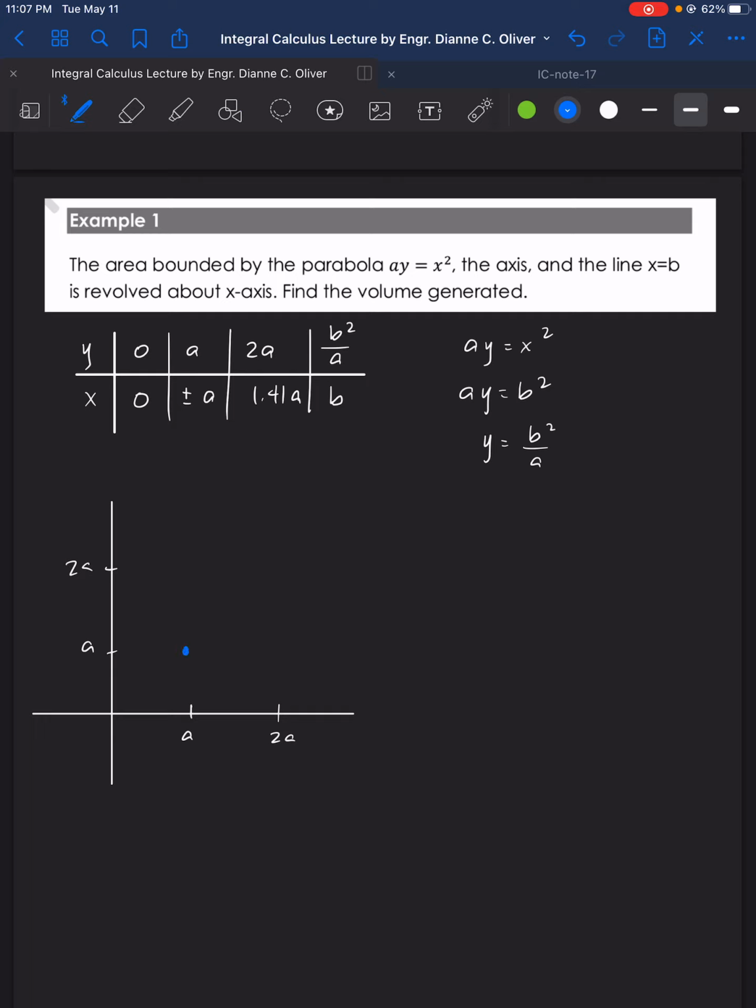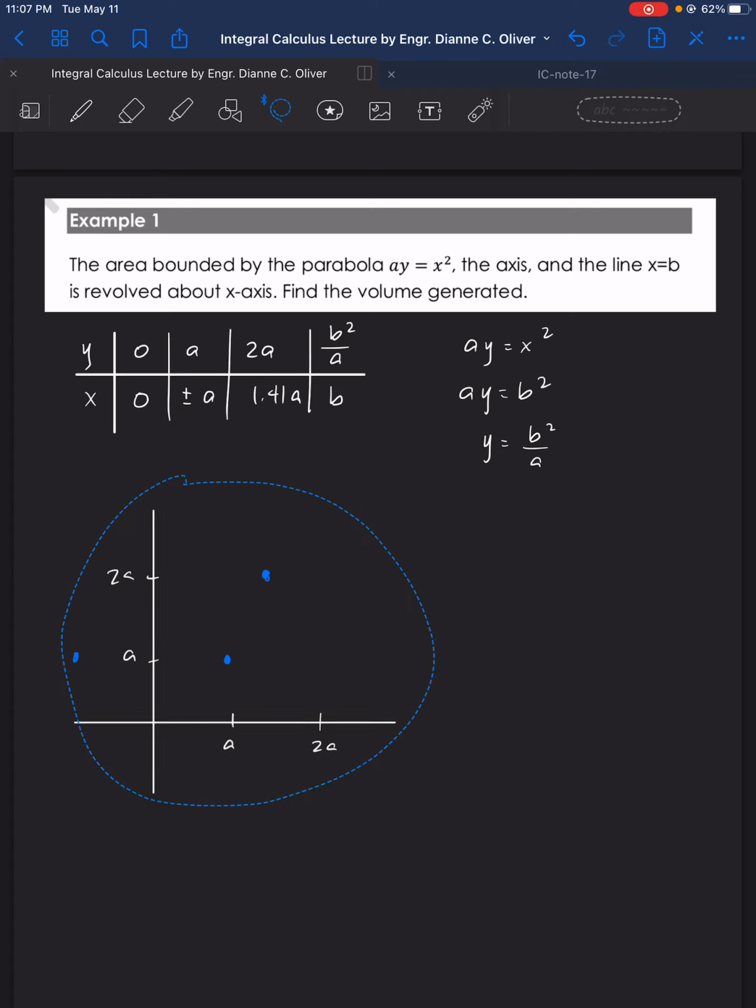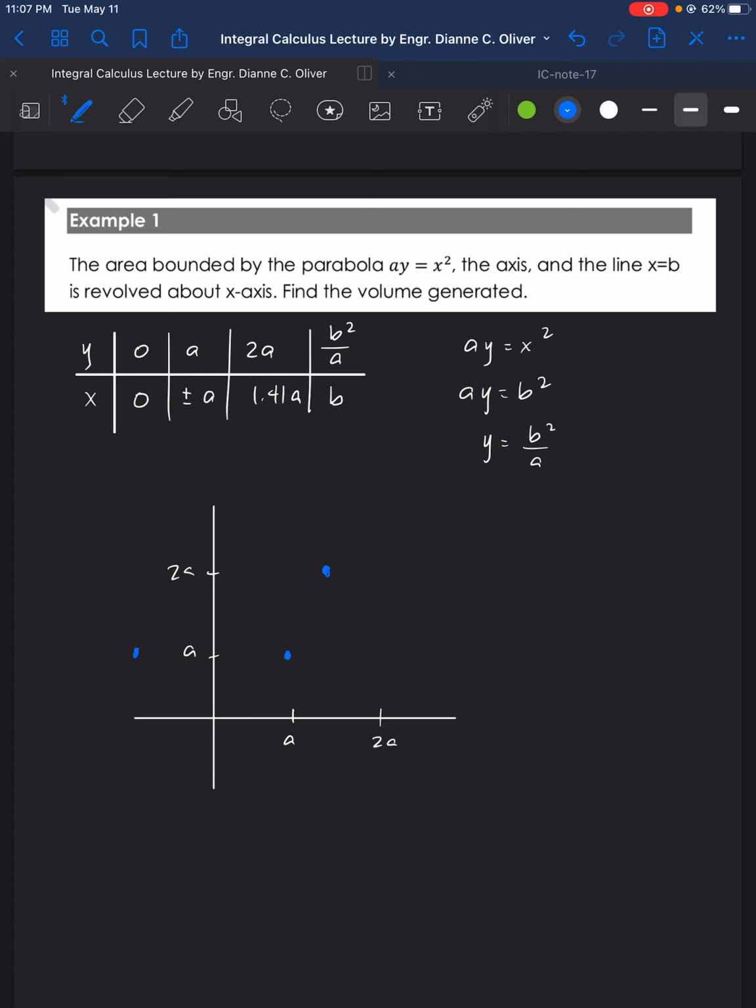And then we have the negative portion here. Then we have here 2a, 1.41. So we have 1.41 here. Imagine this, we still have another one here, on the left side.